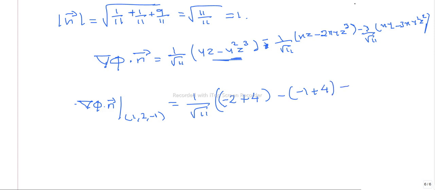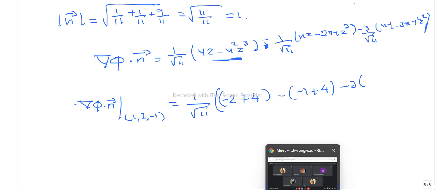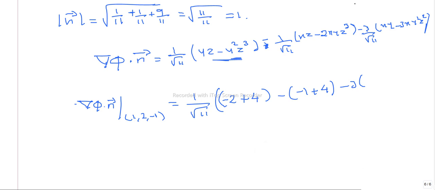And here we have minus 3 times, so if we substitute x equal to 1, y equal to 2, therefore this is 2, minus 3, 4, 6, I think 6.